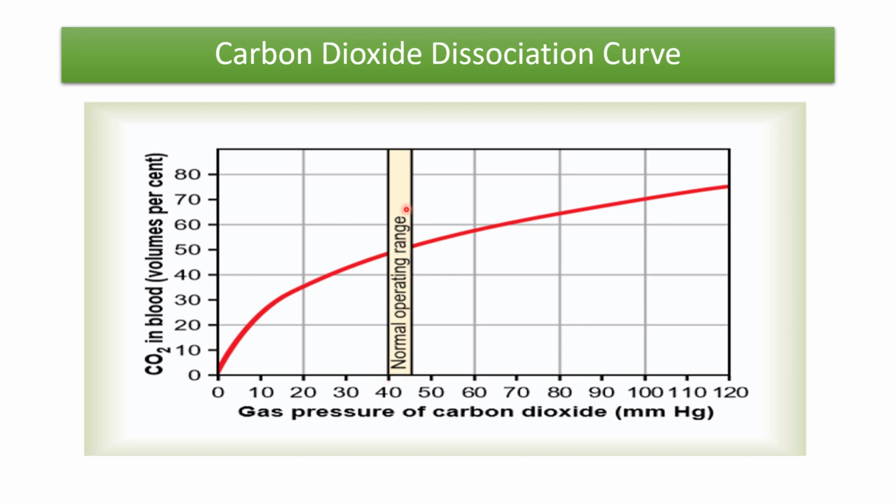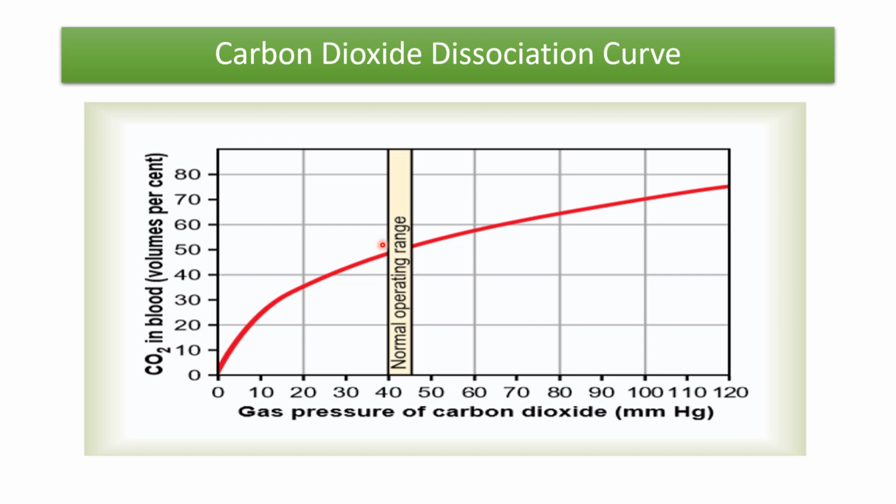And this is the normal operating range. Secondly, this graph shows how much volume of carbon dioxide is transported in the blood. You can see 4 volume percent of carbon dioxide is exchanged during normal transport.